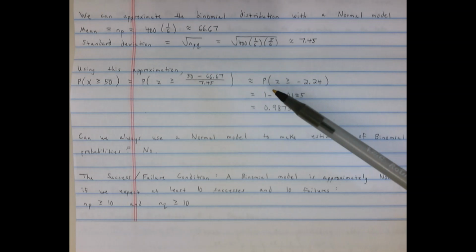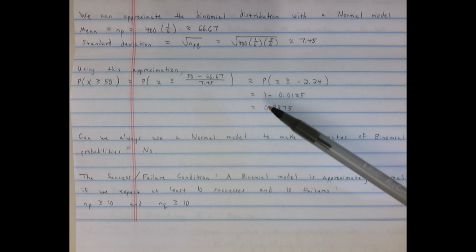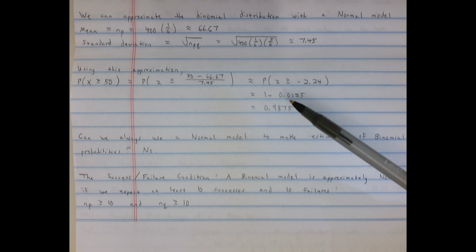So we want to know the probability that Z is greater than or equal to negative 2.24. And because the z-table reports area to the left, we end up doing 1 minus the value from the table, 0.0125, to get 0.9875.